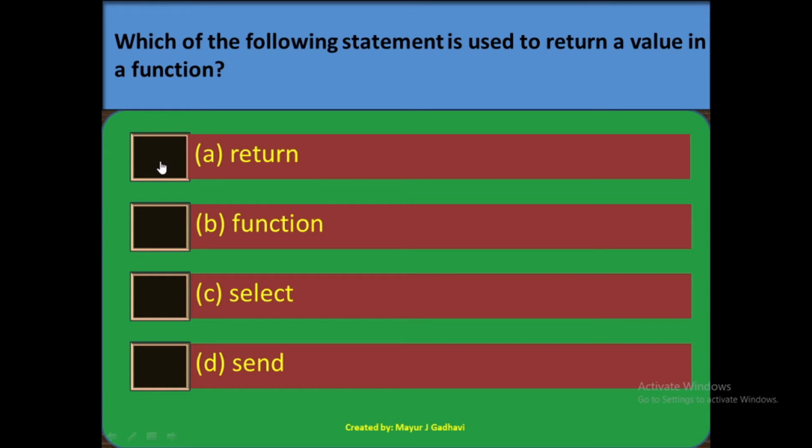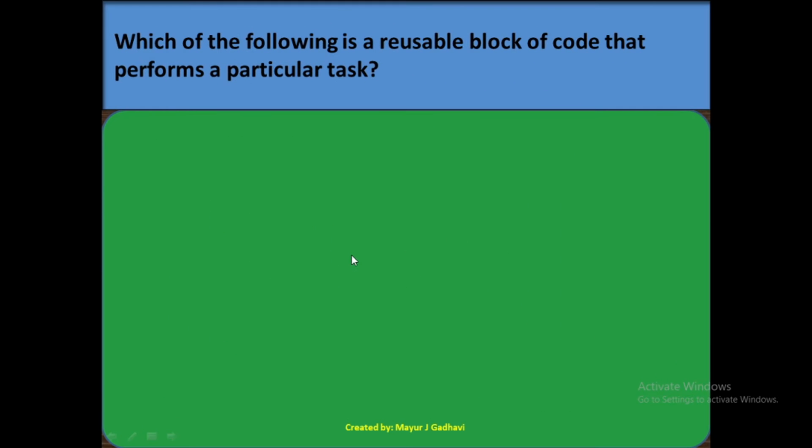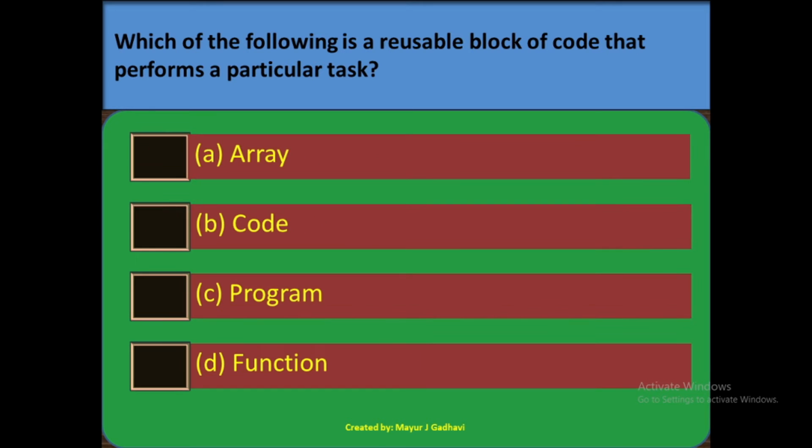So the correct answer is A, return. Next, which of the following is a reusable block of code that performs a particular task? Reusable block of code. Well, the options are array, code, program or function. Well, the correct answer is function.